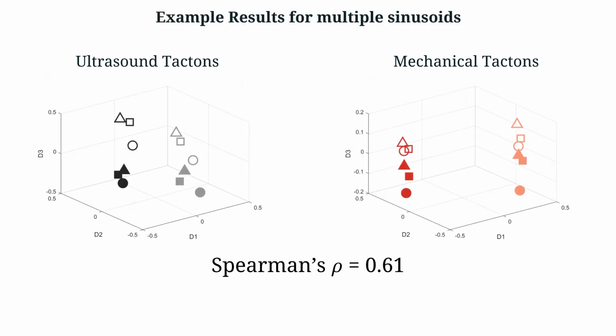Even the lowest correlation in similarity ratings between the ultrasound and mechanical tactons among the 4 tacton sets was higher than 0.6, indicating that their relationships maintained high correspondences across the tacton sets. These results suggest that the temporal factors played a dominant role in mid-air ultrasound tacton perception.